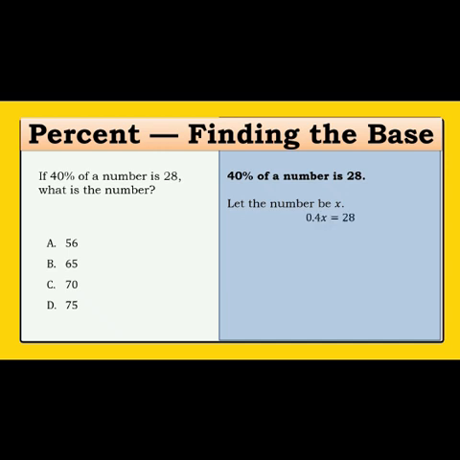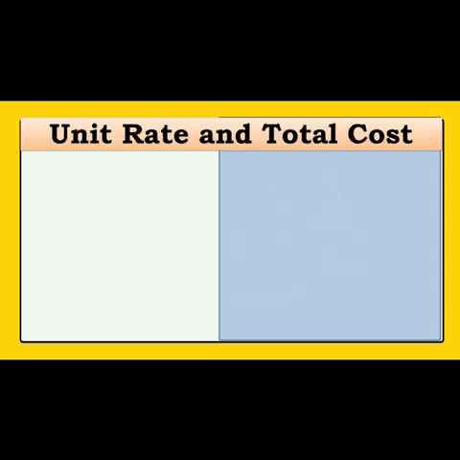So we have here 0.4x. This is equal to 28. Then to find the value of x, or our variable that we're finding, the number, we're going to divide both sides of the equation by 0.4. Alright, 28 divided by 0.4 is equal to 70. And our answer is letter C.